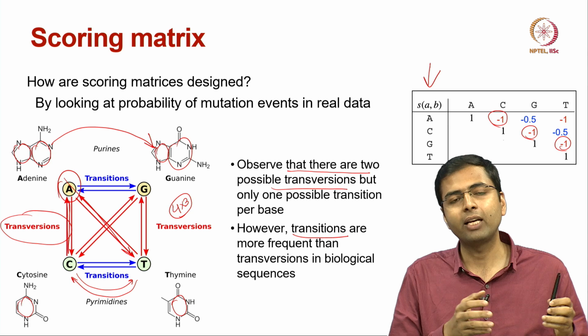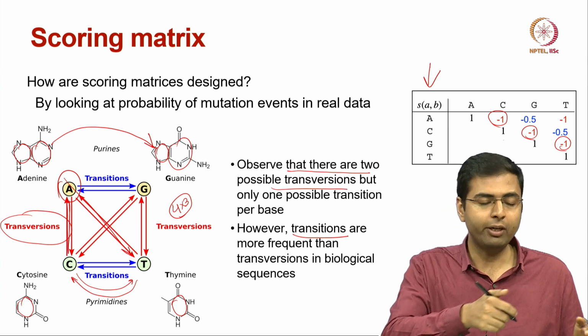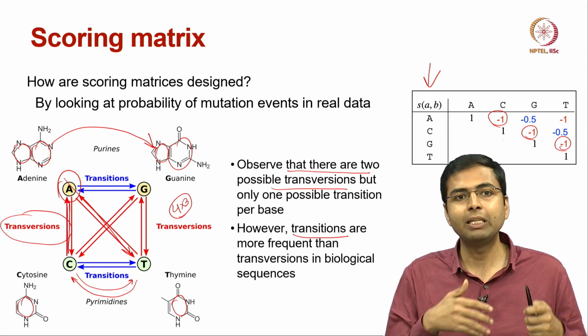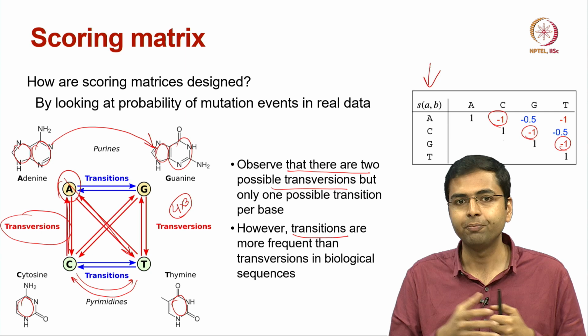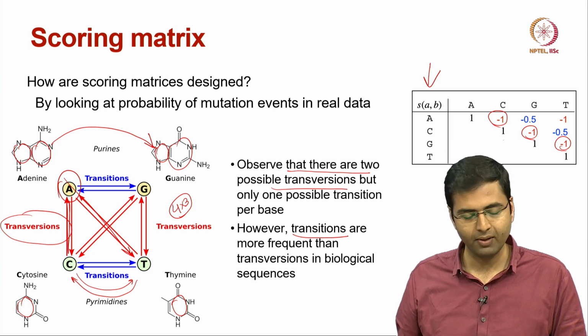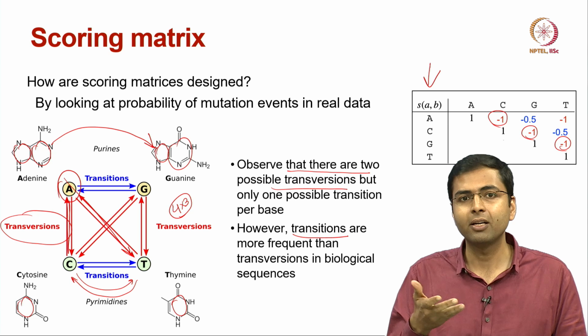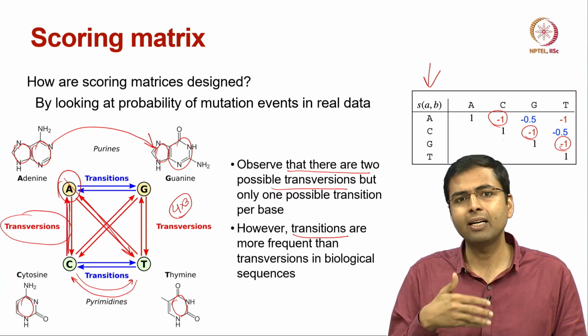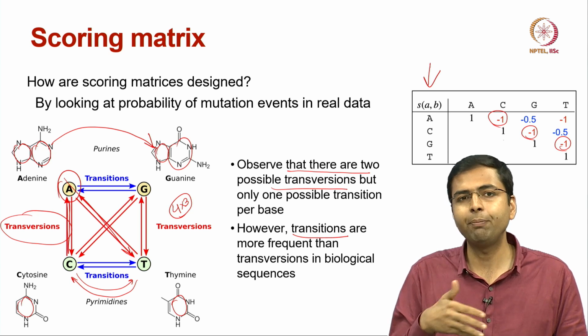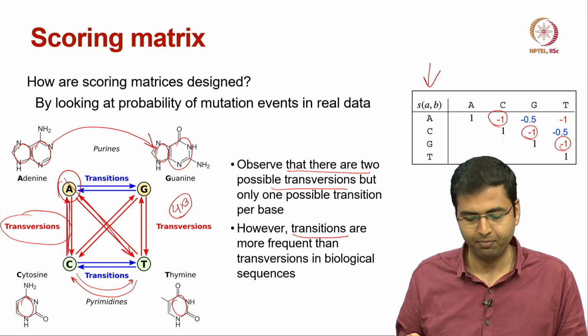Similarly, just as this is for DNA sequences, we adopt a similar procedure for protein sequences as well. Okay, so this was just a note on how these scoring matrices are developed, and in practice there are standard scoring matrices that people typically rely on for their biological applications.